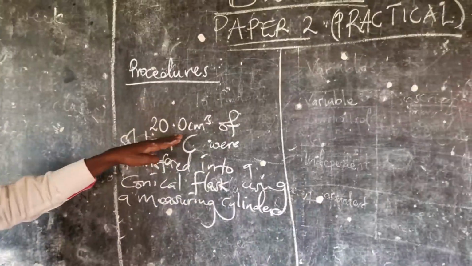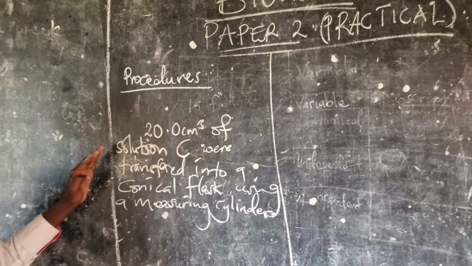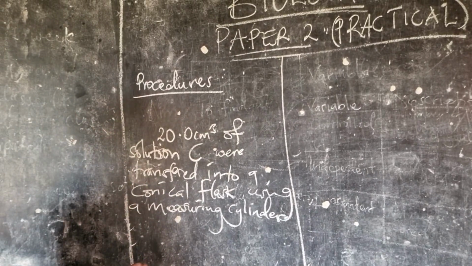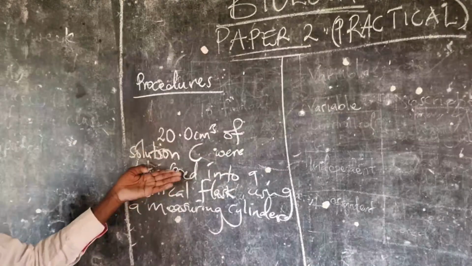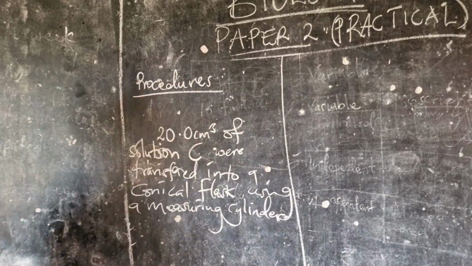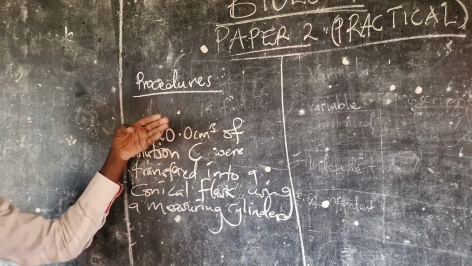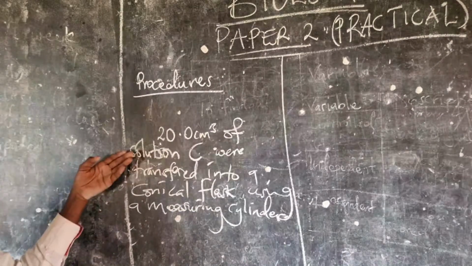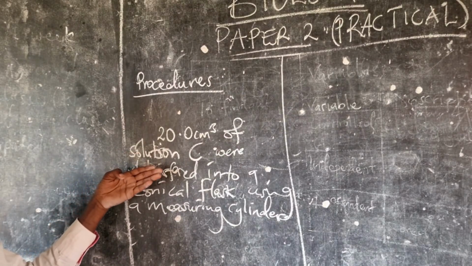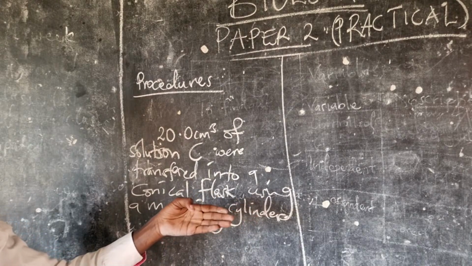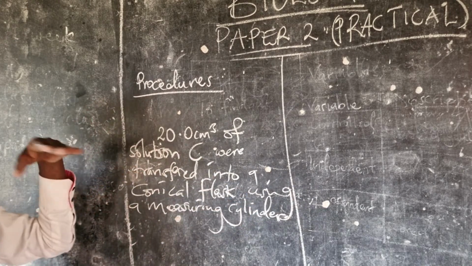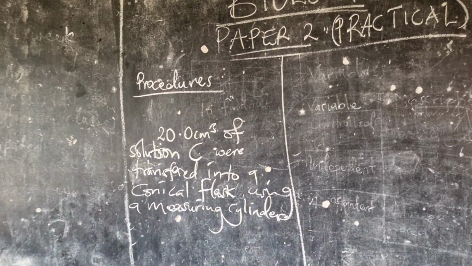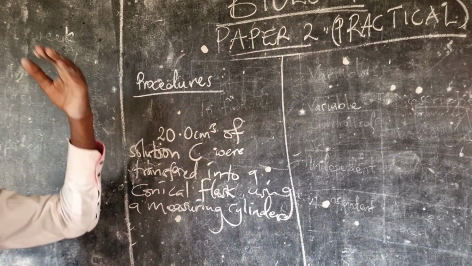I'm writing in a reported format. I'm not praising myself. I'm not instructing the examiner. You may find someone may say, I transferred 20 cubic centimeters. For that, you will be praising yourself. You may find someone saying, transfer 20 cubic centimeters of solution C. For that, you will be instructing the examiner to do something. But these procedures are always given in a reported format.